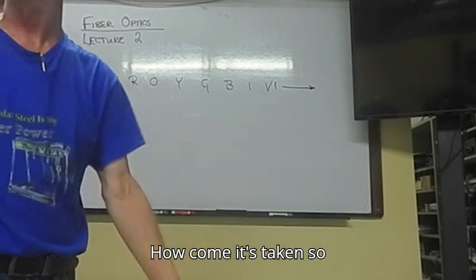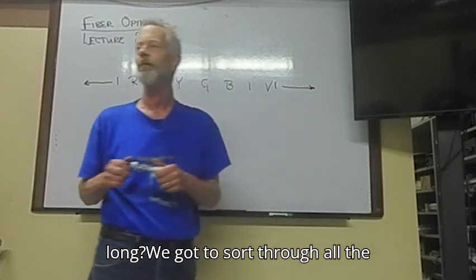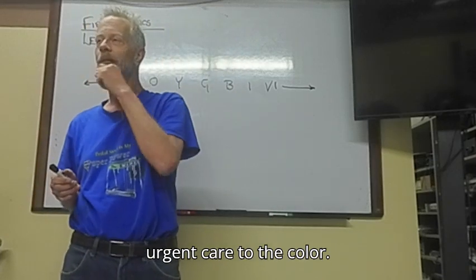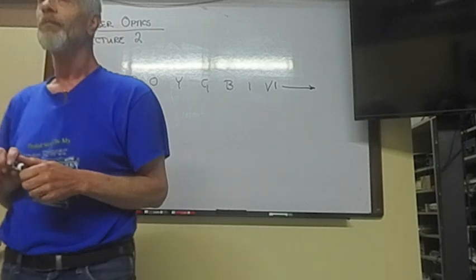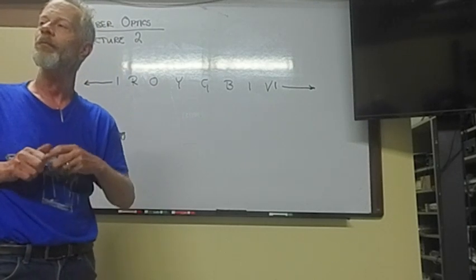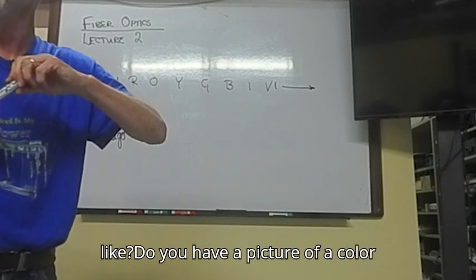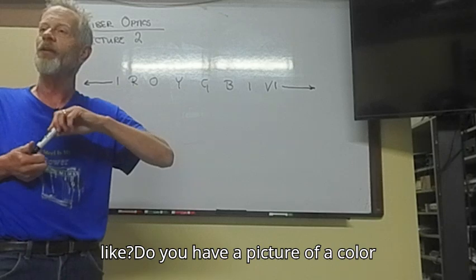How come it's taken so long? Let's see. Besides the color, or? We've got to sort through all the urgent care and get to the color. Color of the rainbow? Number of hues in the region of blue. So do you have a picture of what it looks like? You have a picture of the color indigo?